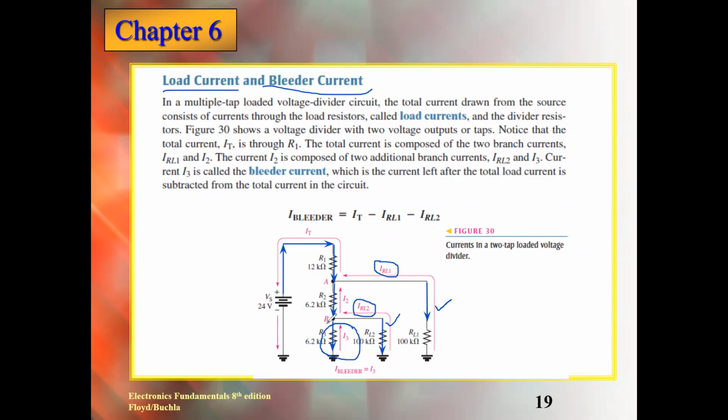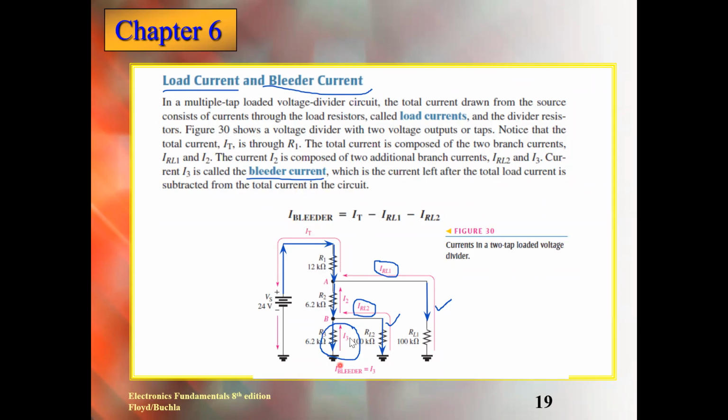This current is called the bleeder current, or the remaining current. You can read what they are writing here: the current I2 is composed of two branch currents, IRL2 and I3. Current I3 is called the bleeder current, which is the current left after the total load current is subtracted from the total current in the circuit.